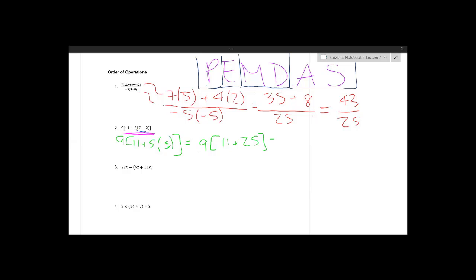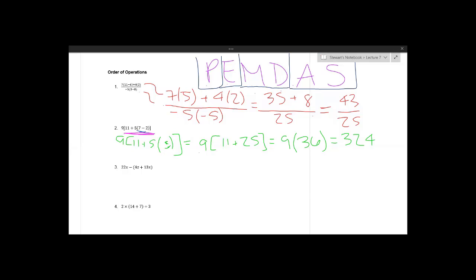So then we have 9 times 11 plus 25, which is 36. And then we're just left with 9 times 36, which we can evaluate, which is 324.